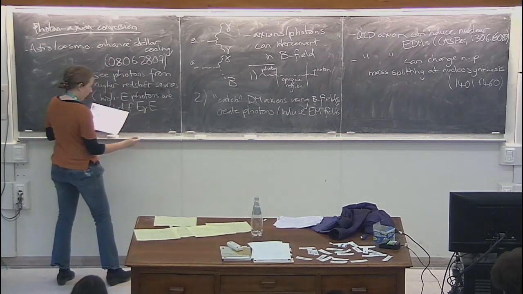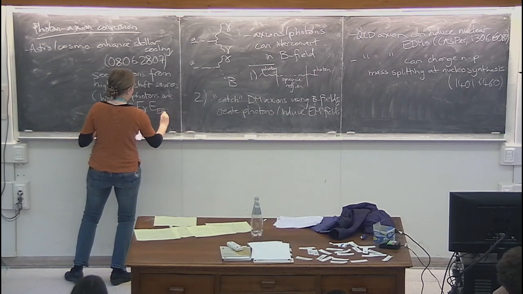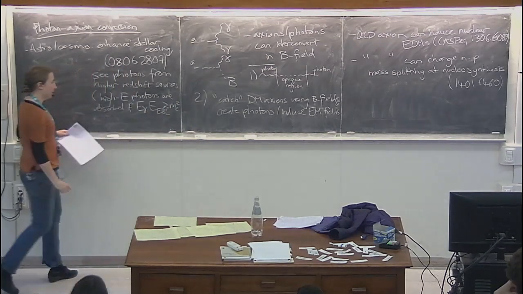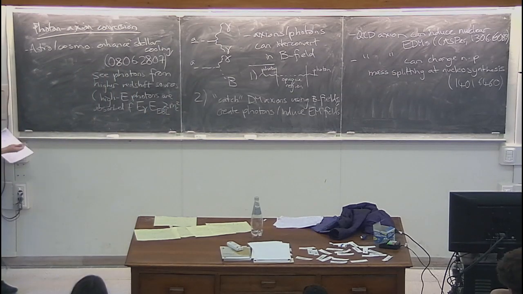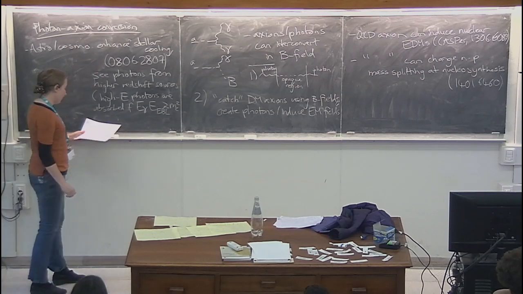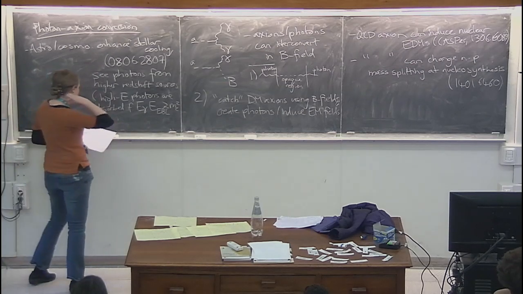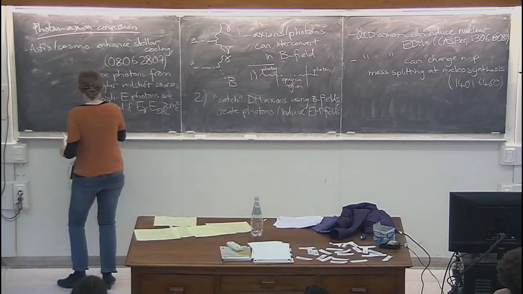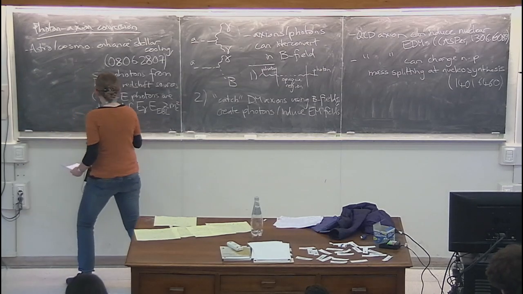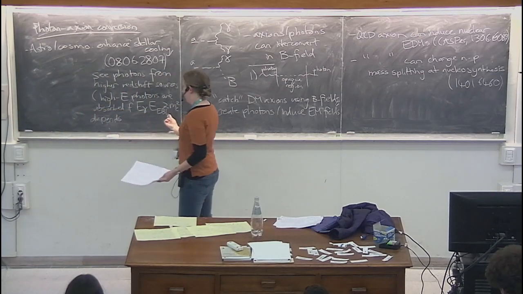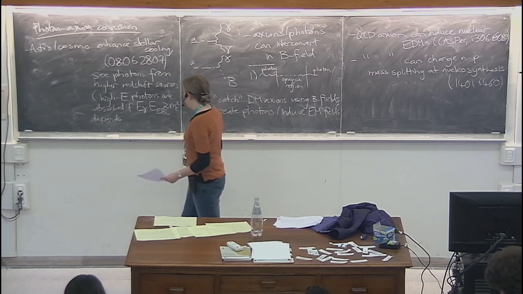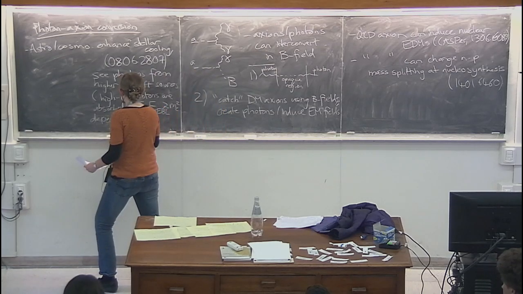That's the criterion for pair production to be allowed. So this depends sensitively on what you think the typical energies and the intensity of this extragalactic background light is. But that is a place where you could potentially get a detection in the future.